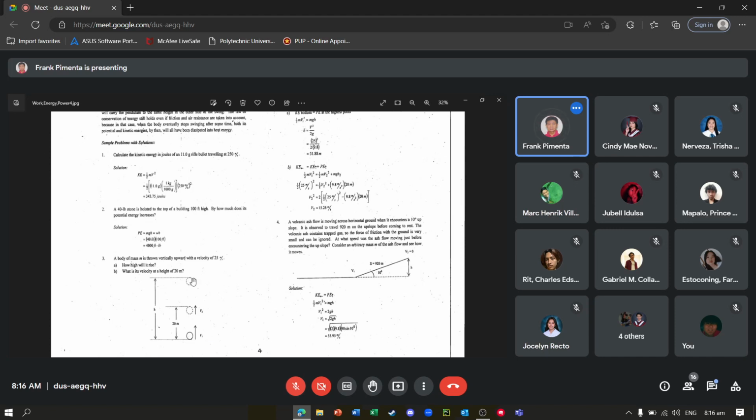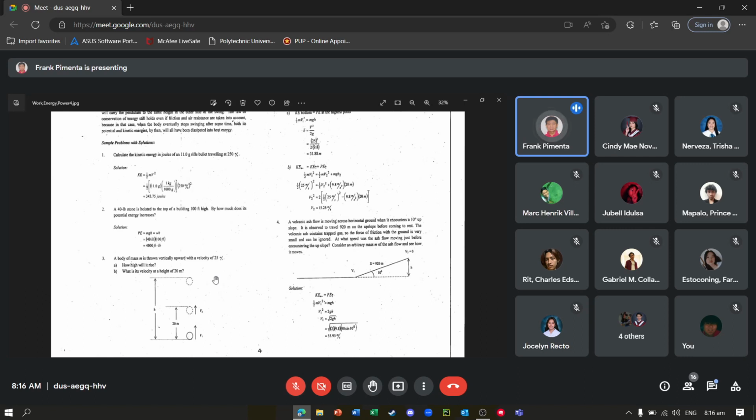And at the highest point, this will be the maximum height. So we have identified the critical points, elevations h equals 0 and h maximum. That is related to the potential energy.